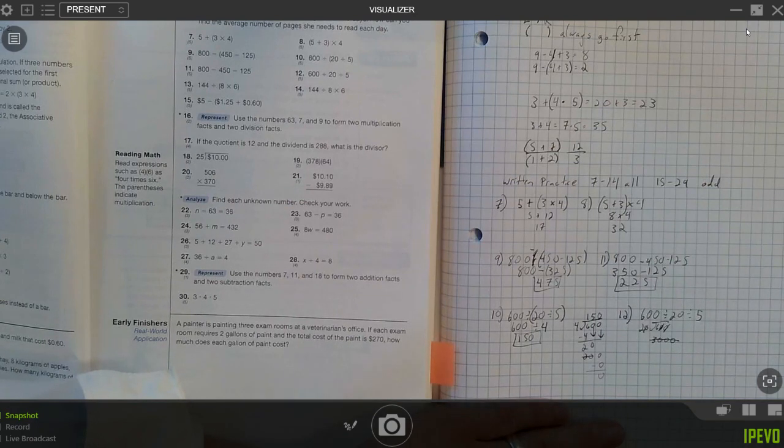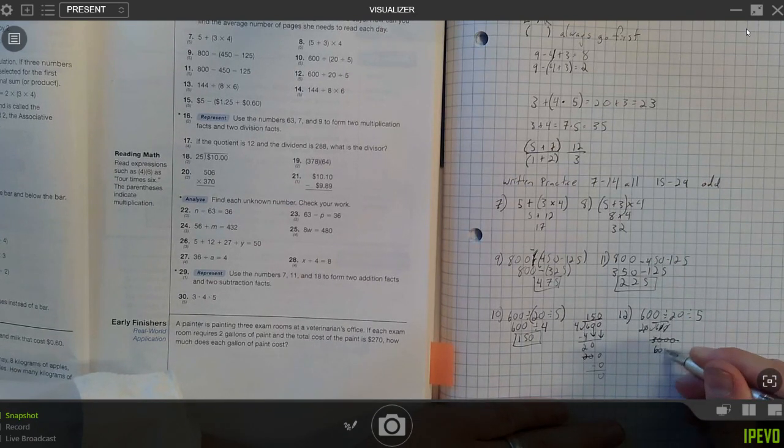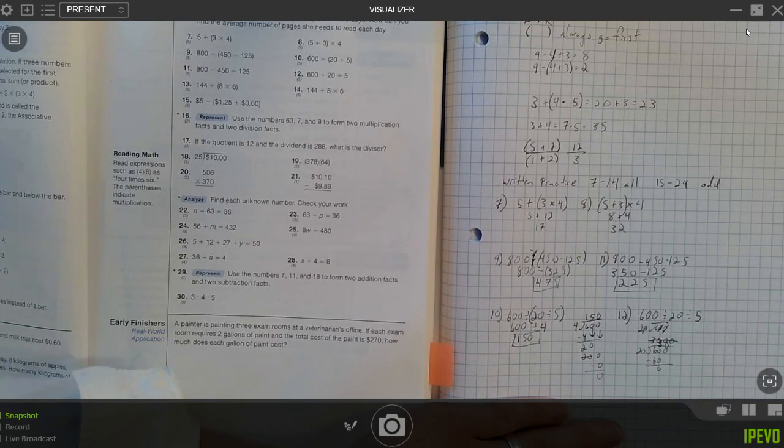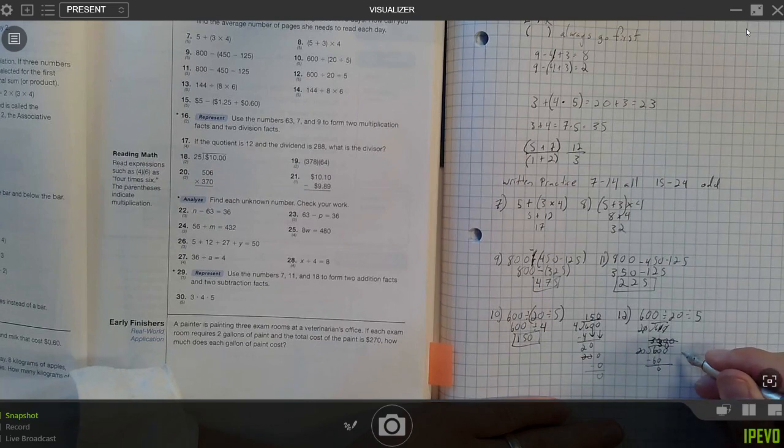Sorry. 600 divided by 20. 20 goes into 60 3 times. So it's 30 times, not 3,000 times. I was doing a multiplication fact with a division problem. Sometimes teachers get confused. Sorry. 20 goes into 60 3 times. 3 times 20 is 60. 0 comes down. 20 goes into 0 zero times. Okay, just so it's a little bit more clear.